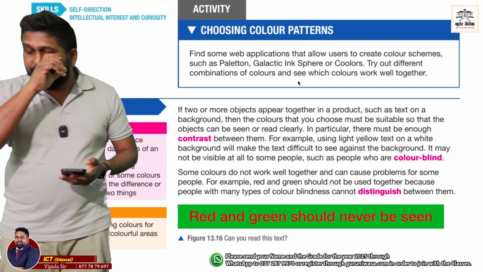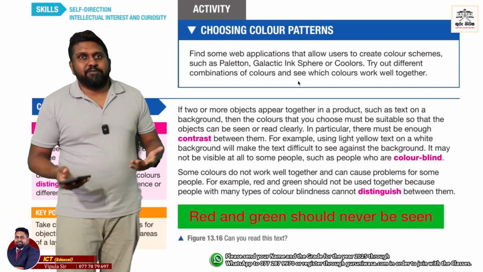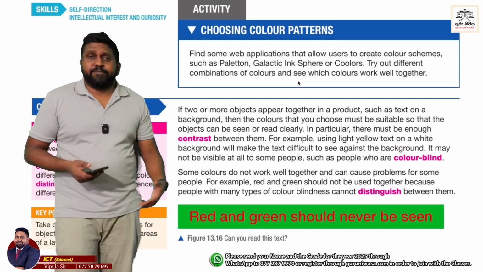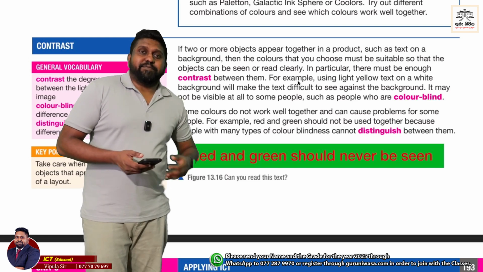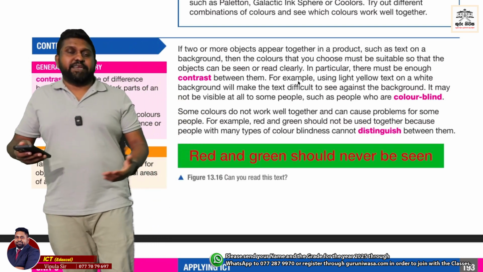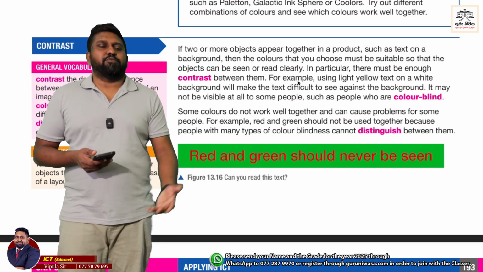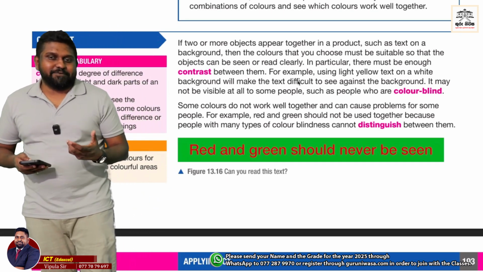There can be situations where some colors don't go well with each other. Some colors can cause problems. Some colors can give a bad vibe, right? Sometimes you get a bad vibe when you look at a color because that color is off. So there are different types of colors.